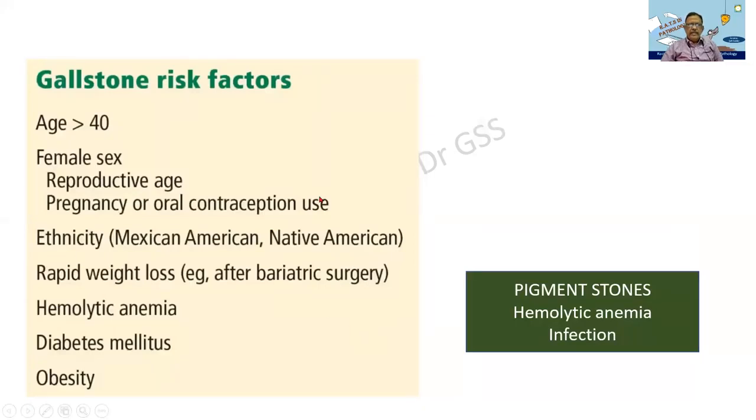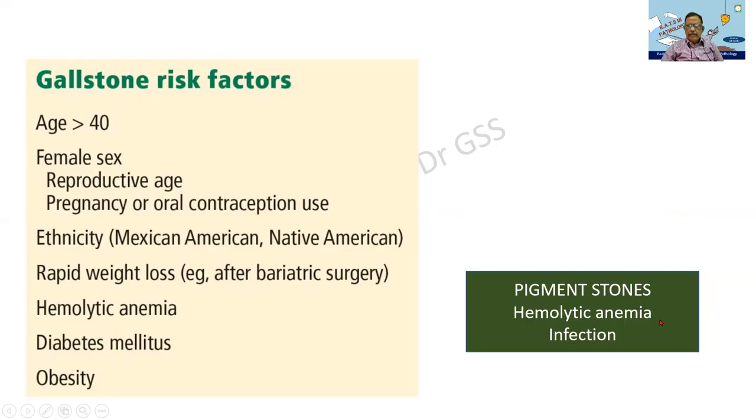What are the risk factors for the gallstones? Age, 40. Normally it is mentioned as fat, fertile, female of 40. Pregnancy or the oral contraceptive use can be there. More common in certain countries such as Mexican Americans, etc. Rapid weight loss after bariatric surgery can also lead to gallstones.